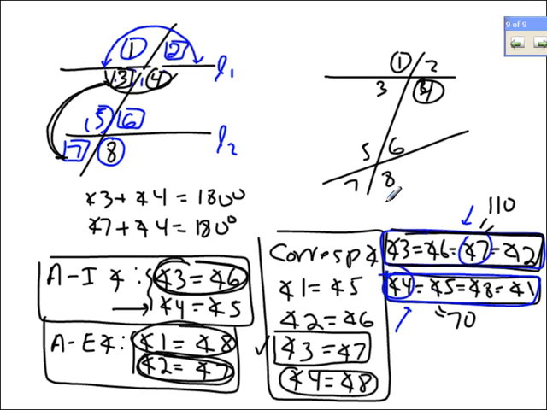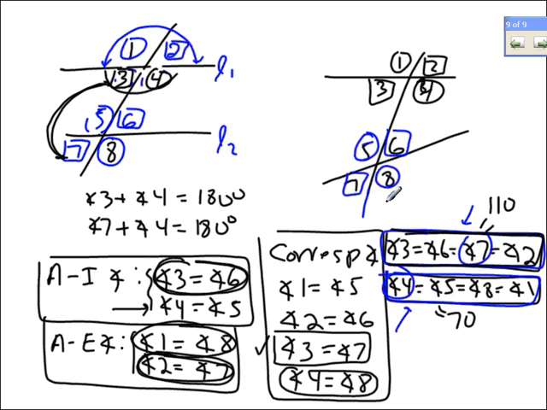Angle 1 and angle 4, there's no way out of it. Those are equal. Angle 2 and angle 3, they're equal. Angle 5 and 8 are equal, and 6 and 7 are equal. But you know what? 5 doesn't have to equal one of the angles up there.